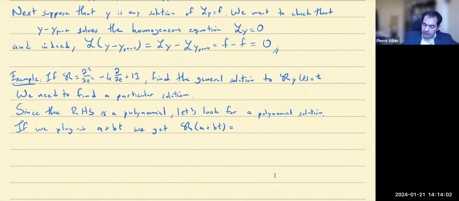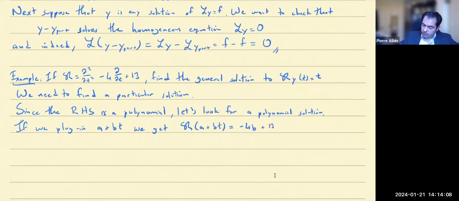So minus 4 times when you take 1 derivative, which would give you b, and then plus 13 times this polynomial, a plus bt. Right, so that gives us 13a minus 4b plus 13bt. Right, so we ended up with this polynomial of degree 1.